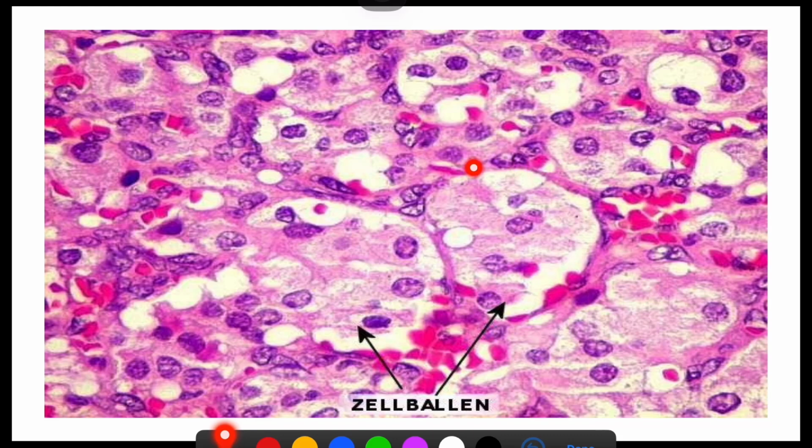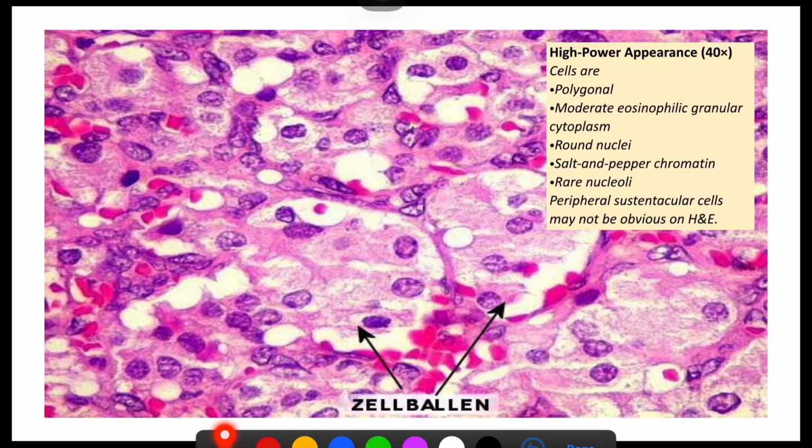So this is called Zellballen pattern: rounded nests, fibrovascular stroma, and surrounded by these elongated sustentacular cells. This is how you can identify it in high power view.